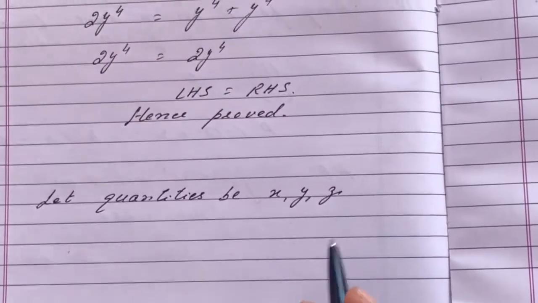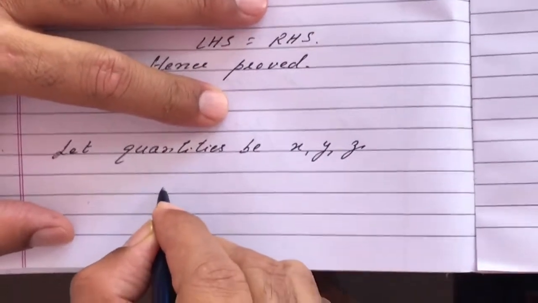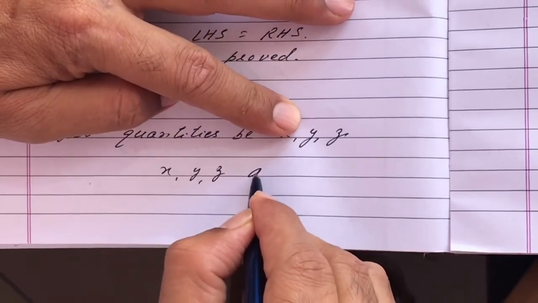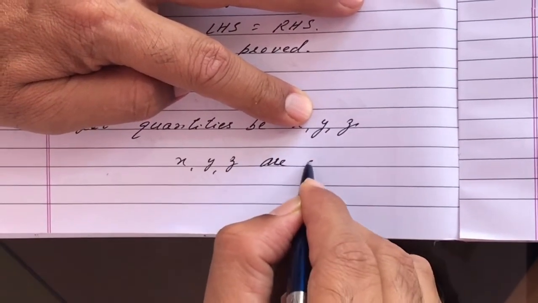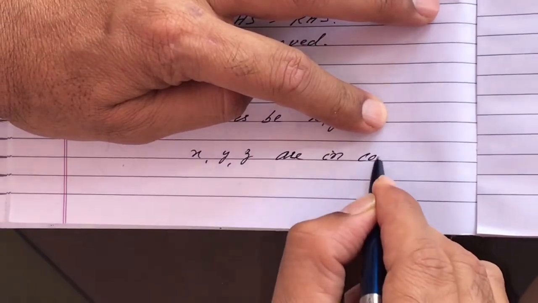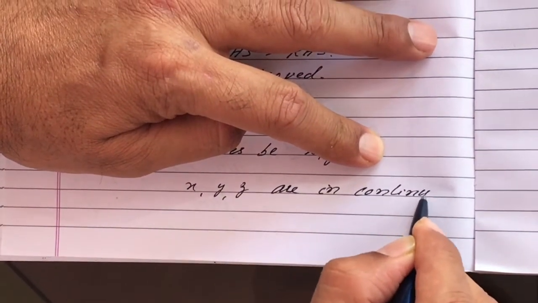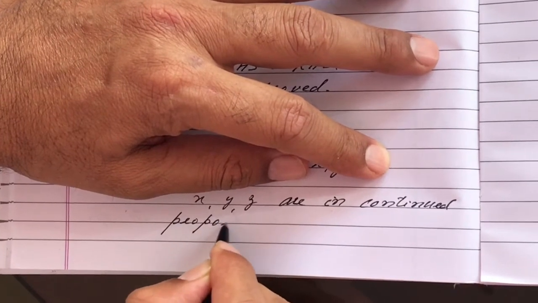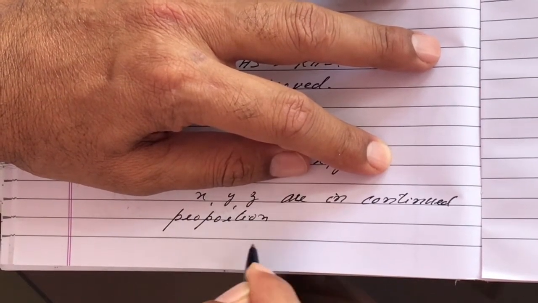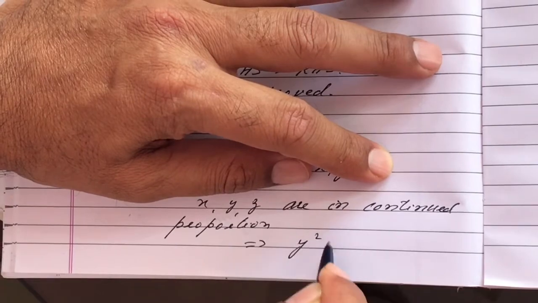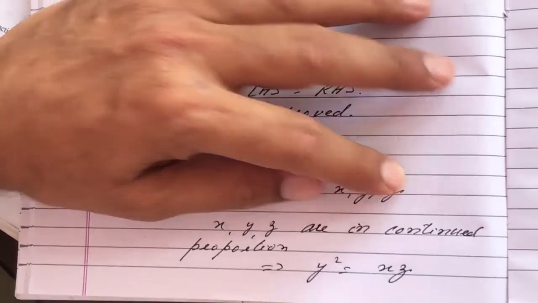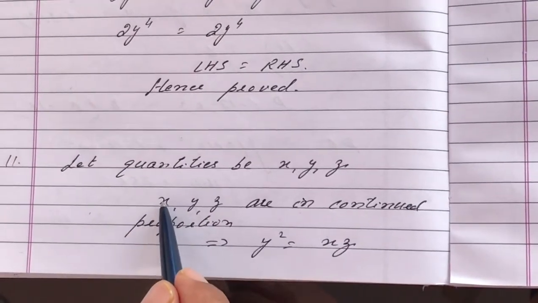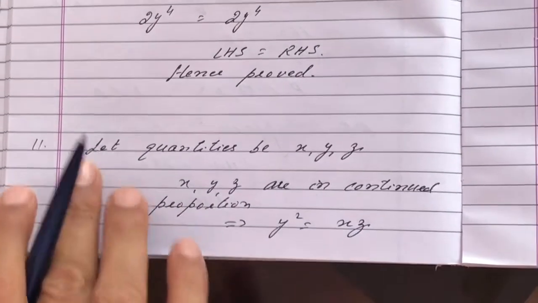Continued proportion means x, y, z are in continued proportion, it implies that y square is equal to xz. They are in proportion, so the square of the middle term is the product of the extreme terms.